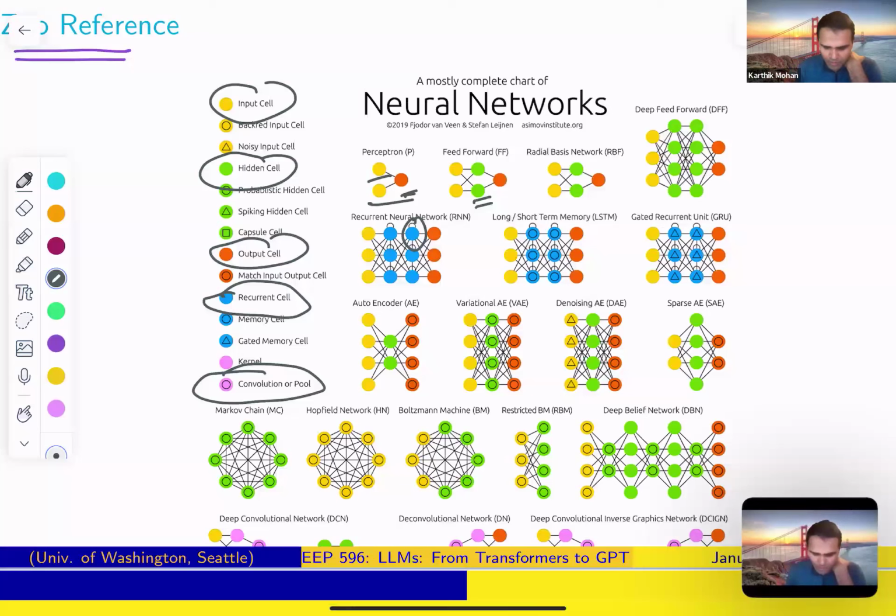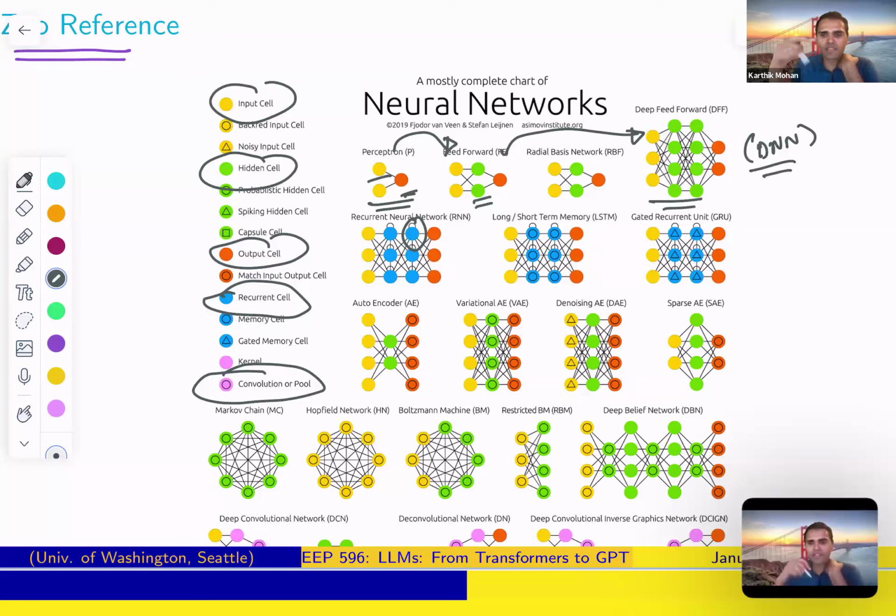We looked at perceptron, which was like a single neuron neural network. From perceptron, you can go to feed-forward neural network, which is like stacking up perceptrons. Then you have a deep version of it, the deep neural networks. And then there's also recurrence. Recurrence is when you have to generate the next token given the previous token.